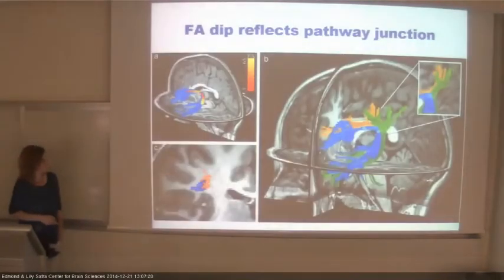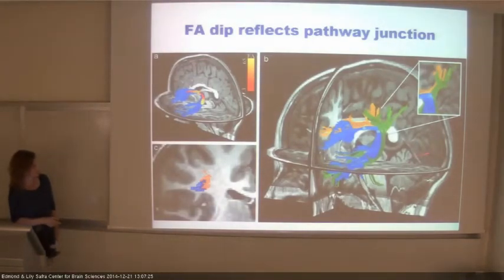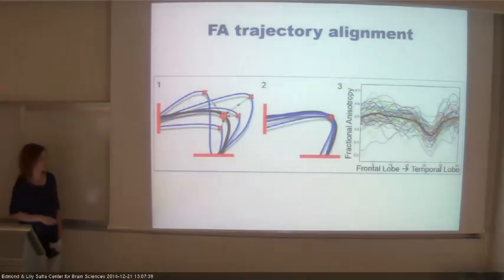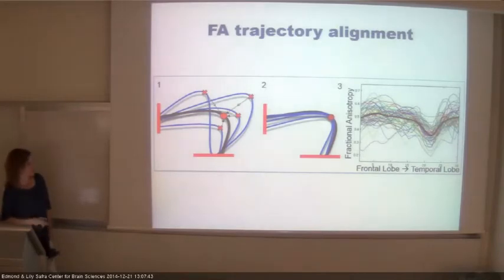So, if you want to understand exactly why FA drops, well, FA drops because at a certain point in the tract, as Catani has pointed out, the two tracts diverge. One of them goes parietally, the other goes temporally, and at that point, crossing fibers just drop FA altogether. So that's one source of variability, and I can tell you more about other sources of variability, including myelination, coherence, and whatever.